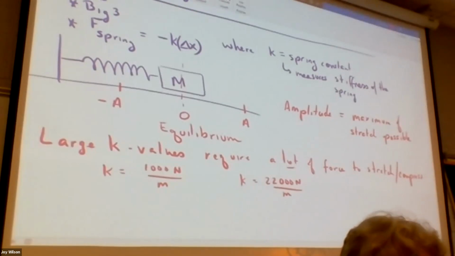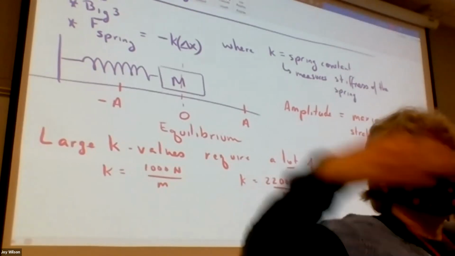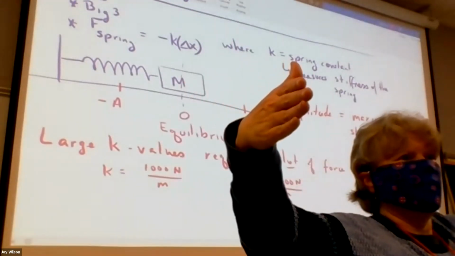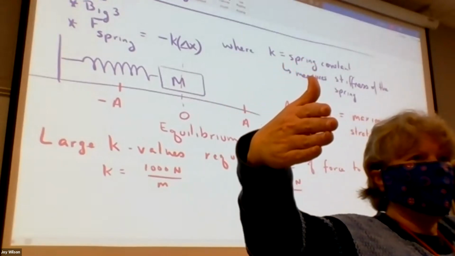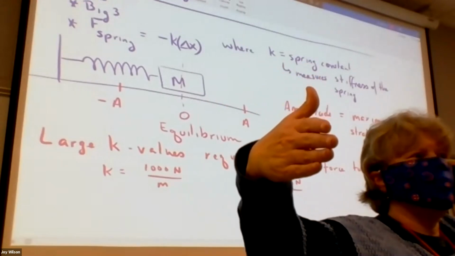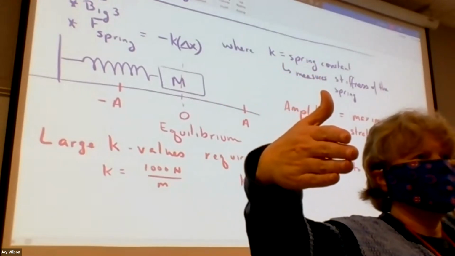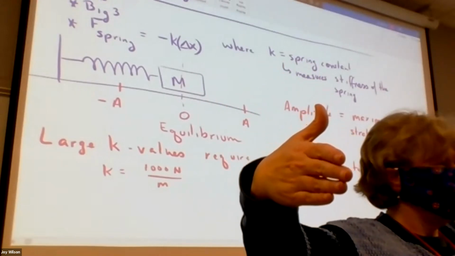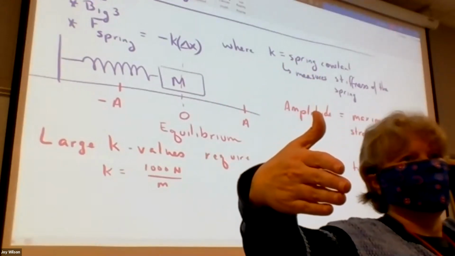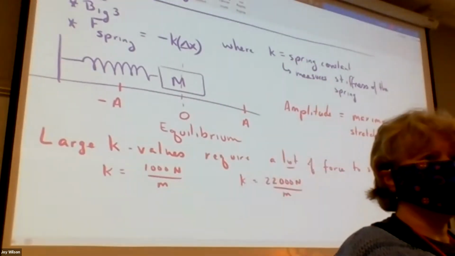In other words, to get your spring to stretch 1 meter, you would have to apply about 2,000 pounds worth of force. That's a lot of force. That's like Smart car weight kind of force. So that would be a very stiff spring.